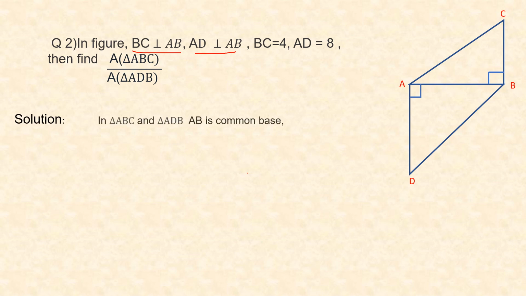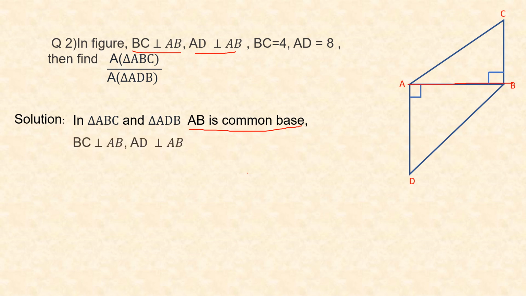Solution. In triangles ABC and ADB, this AB is the common base. BC is perpendicular to AB and AD is also perpendicular to AB. This is given. Therefore, area of triangle ABC is to area of triangle ADB is equal to, heights are BC and AD.